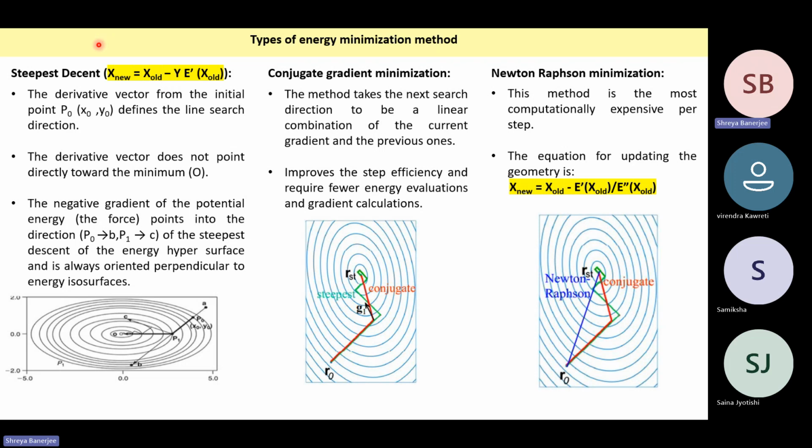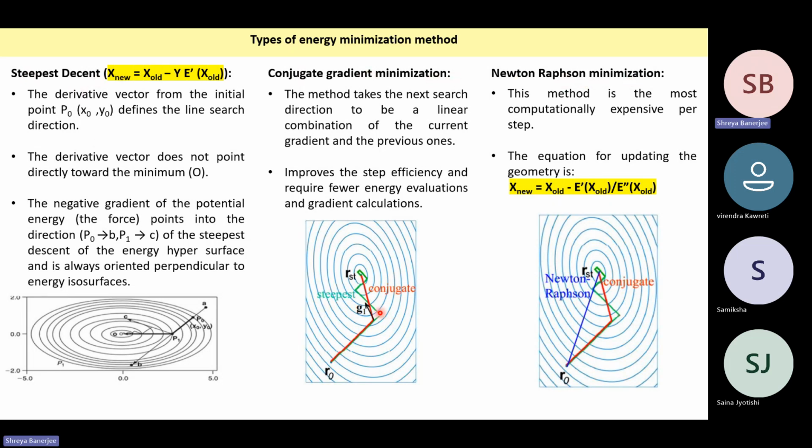As time went on, better and better computer algorithms were developed so that the time it takes to locate the global minima is minimized. Of all these minimization techniques, Newton-Raphson was the latest, where you need very high processing computers, but the technique happens very fast. Here it is comparing three techniques: steepest descent, conjugate gradient, and Newton-Raphson.